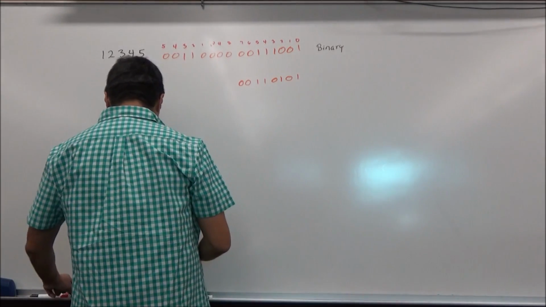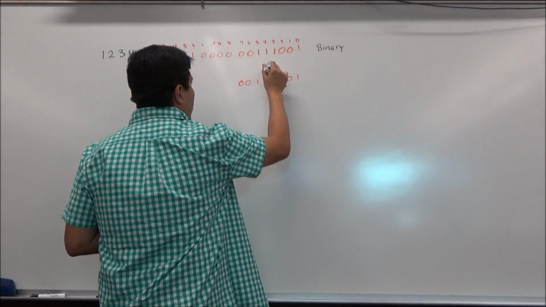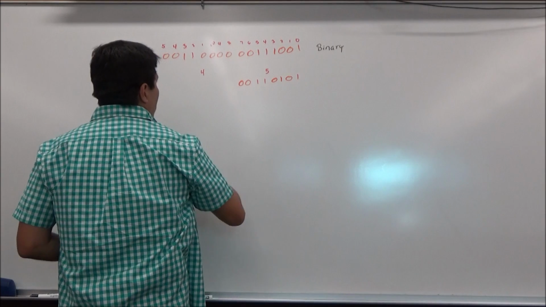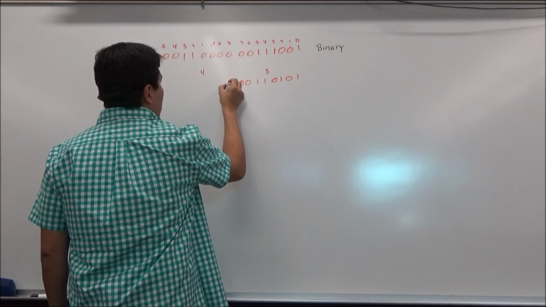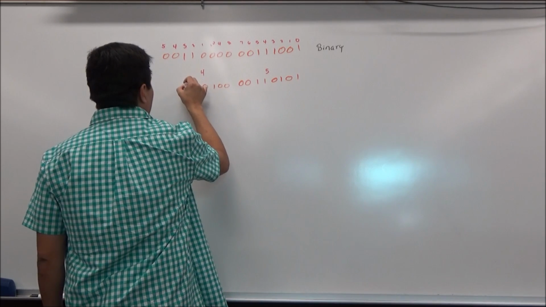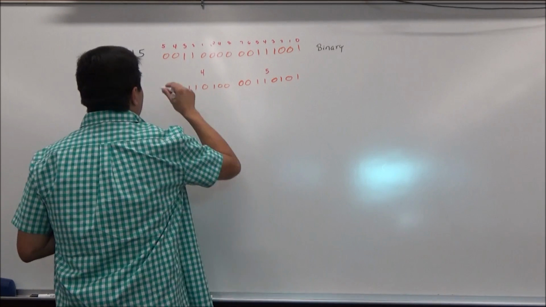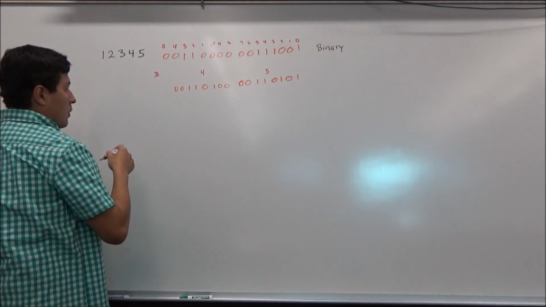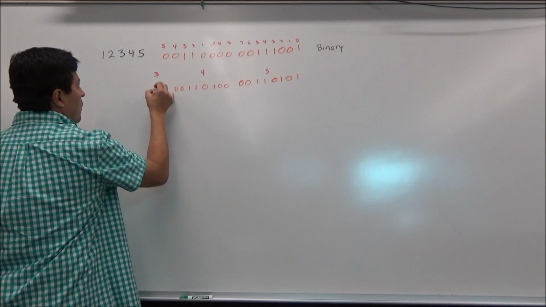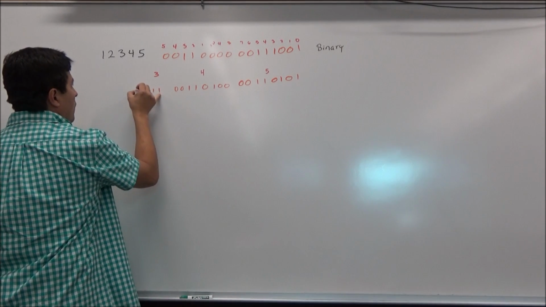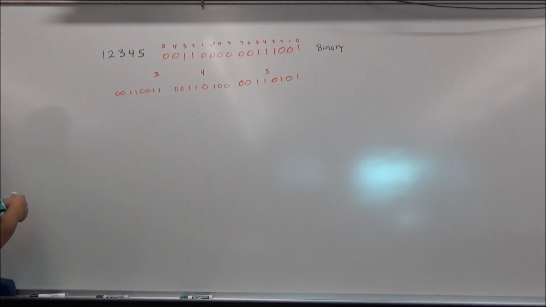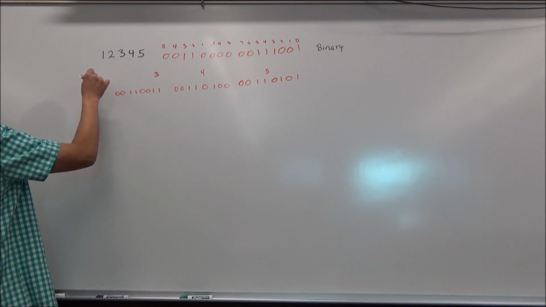So this is 5. Then 4 goes here. 4 will be 1 less, and then 3 will be, and then 2, man, I'm running out of space here.